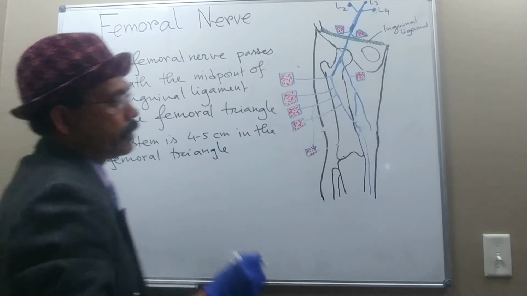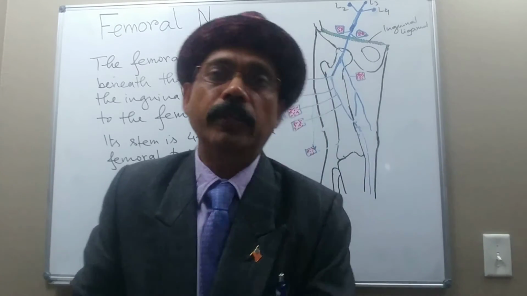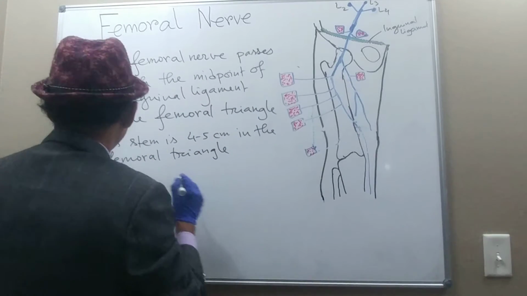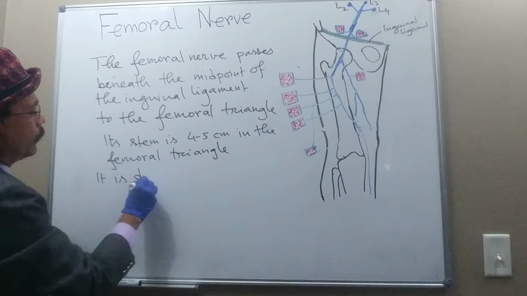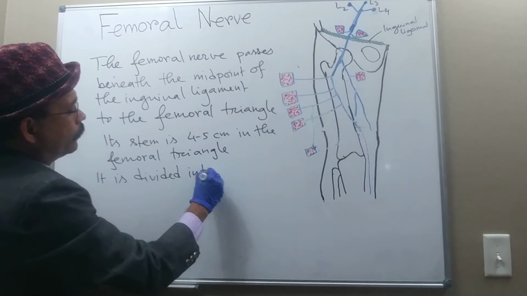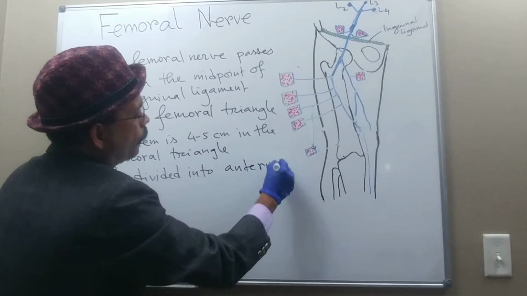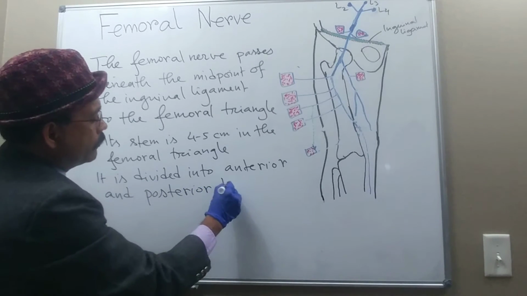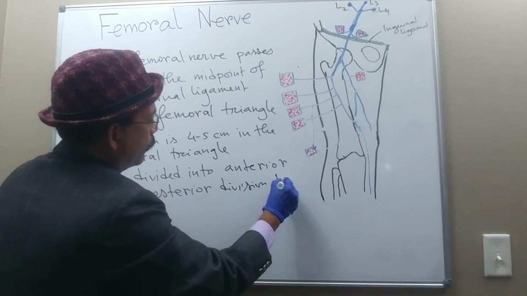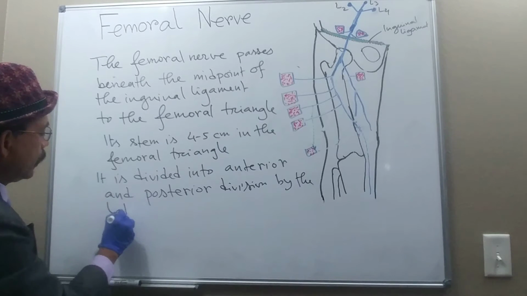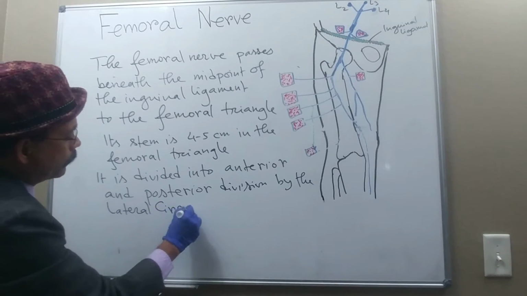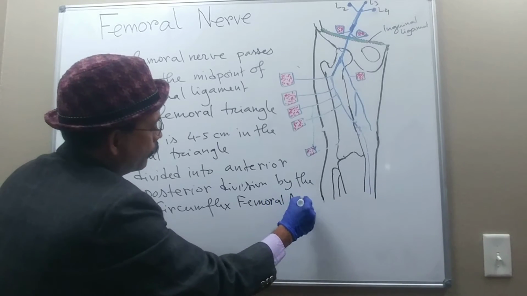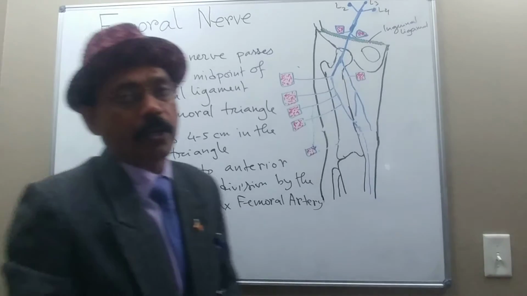Then it is divided into two divisions, anterior division and posterior division, by the lateral circumflex femoral artery, and this happens in the femoral triangle.